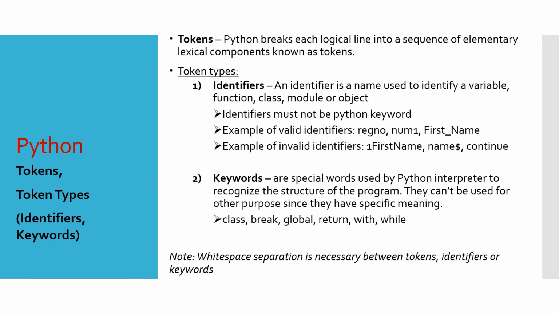So what are those? The first ones are identifiers. They are always used to identify a variable, a function, class, object. Many examples. Again, it's about declaring something. Identifiers, as we have always seen, cannot be a Python keyword, because Python keywords are nothing but system specific words.